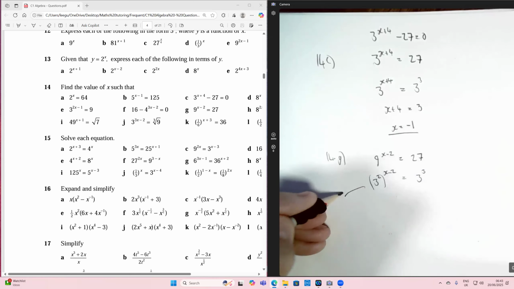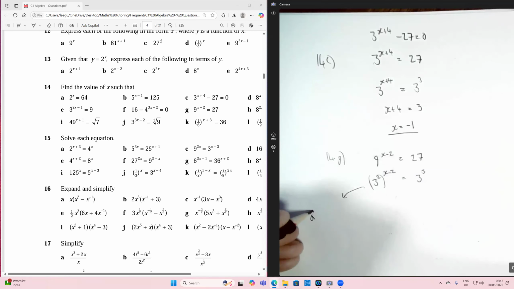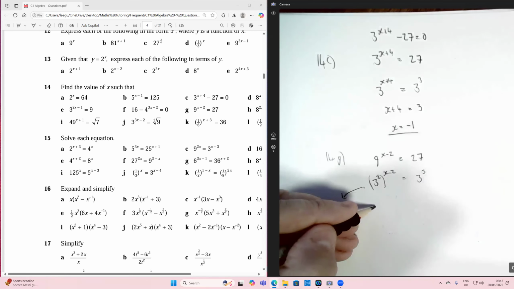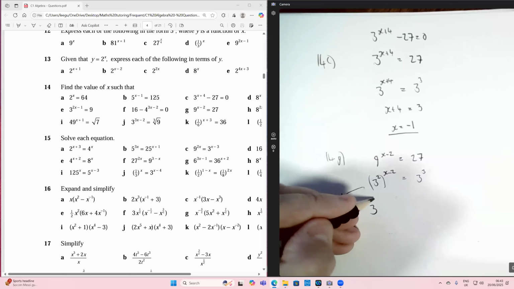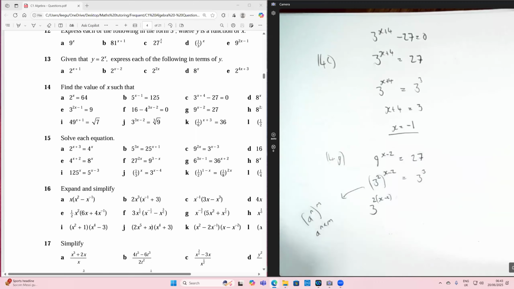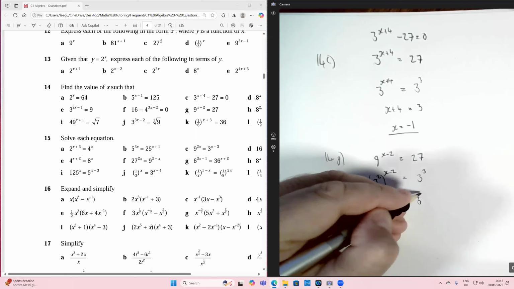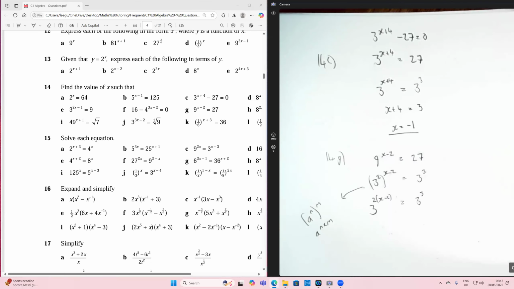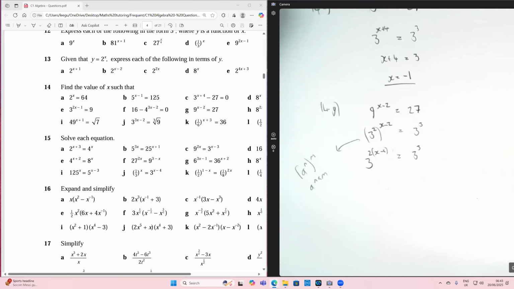So in this one, we're going to be using the fact that a to the power of n to the power of m is a to the power of n times m. Okay, so that means that this is 3 to the power of 2 times x minus 2 is equal to 3 cubed. Now that we've got to the stage where we've got the powers the same, we can now directly compare the indices.